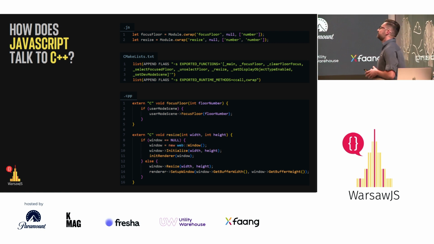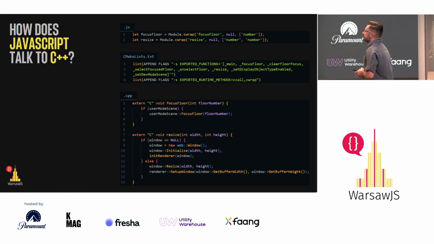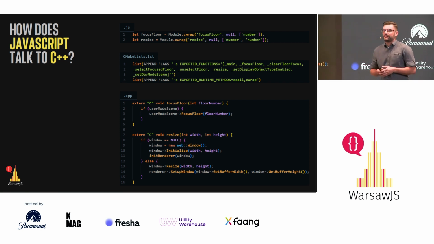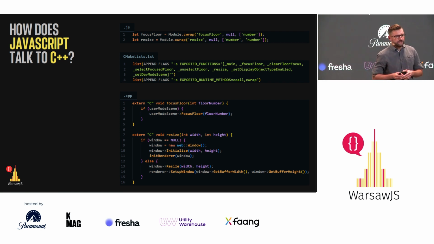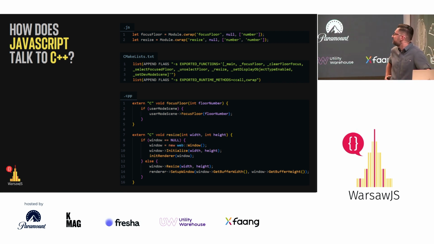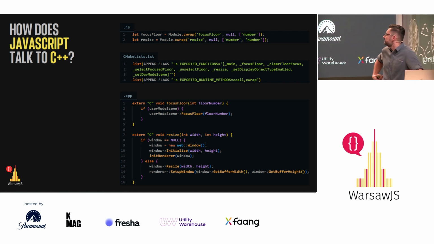How does JavaScript talk to C++? As you saw in my prototype, when I change a floor or interact with the map, it is reflected in the building scene. This means that a JavaScript event must go to the native code. And how does this happen?